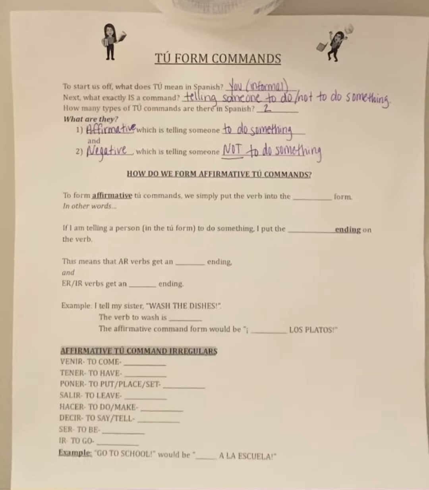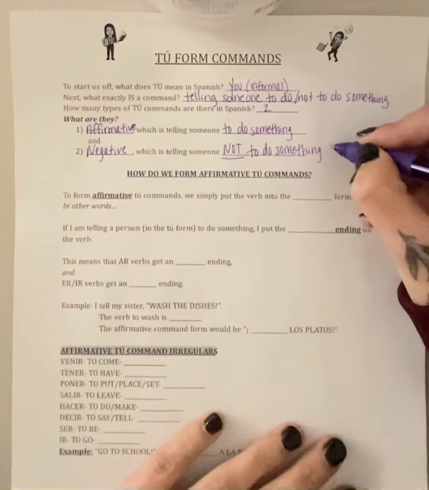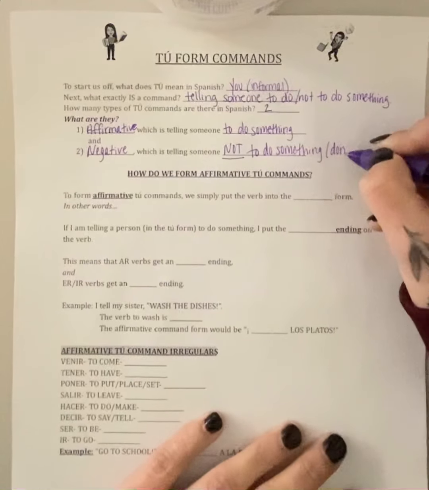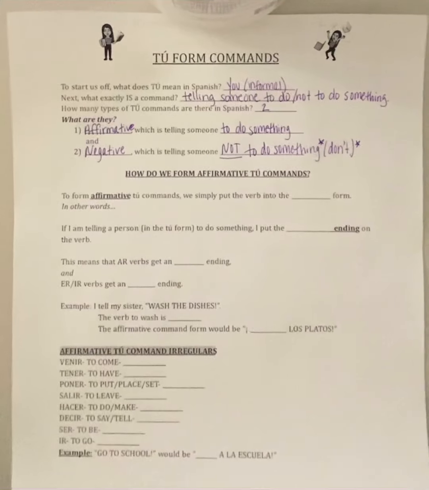Don't waste your money. What else? Don't slam the door. Don't touch the stove. Don't eat my dinner. Okay? So I'm going to even write down here in parentheses, and I want for you to as well, the word don't. Because the don't makes it a negative. It's telling somebody not, don't, do not, right? Do not talk back, okay? So those are your negatives.